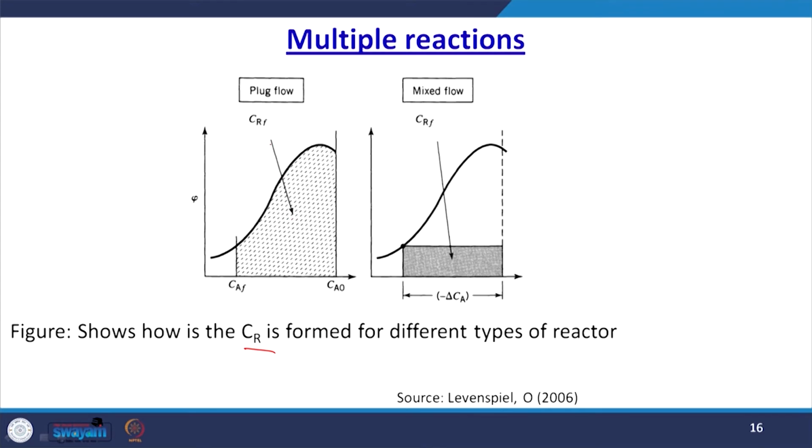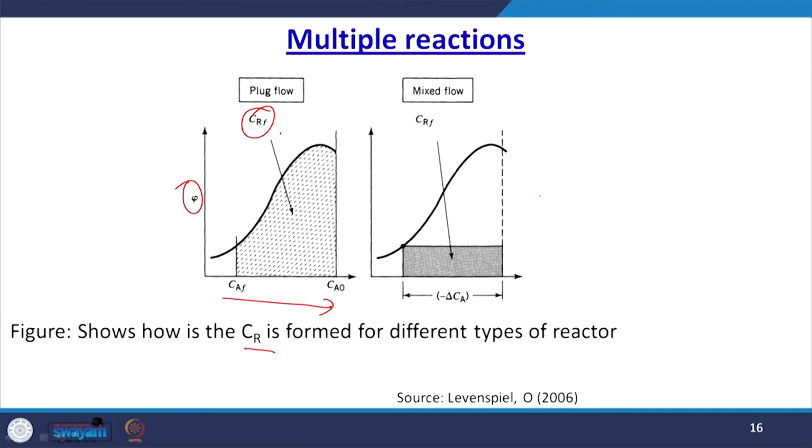Now here you see that the x axis represents the Ca and this is the Chi. Now you can see that in plug flow you may experience this type of thing, and in mixed flow you may have this type of thing.